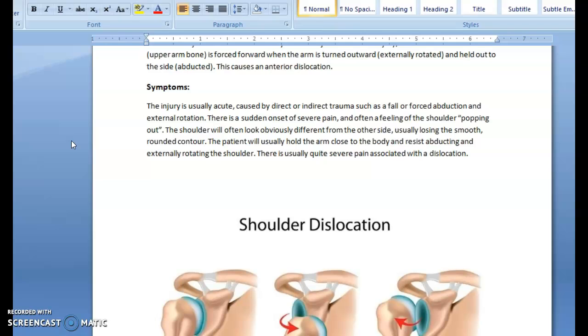The shoulder will often look obviously different from the other side, usually losing the smooth rounded contour. The patient will usually hold the arm close to the body and resist abducting and externally rotating the shoulder. There is usually quite severe pain associated with dislocation.